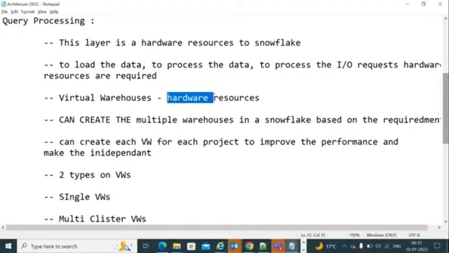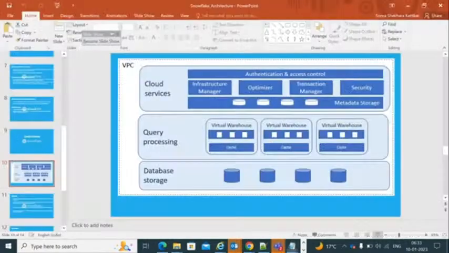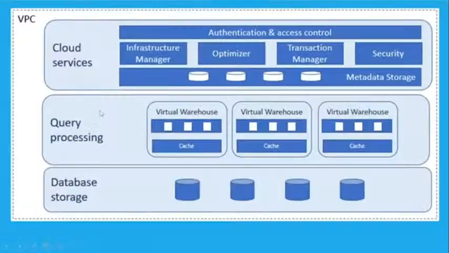You can create multiple virtual warehouses. Till here you are clear? See, this query processing layer is the virtual warehouse, which is a compute layer, and these are the hardware resources for your Snowflake.